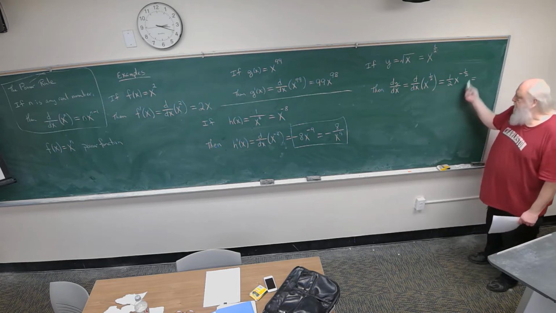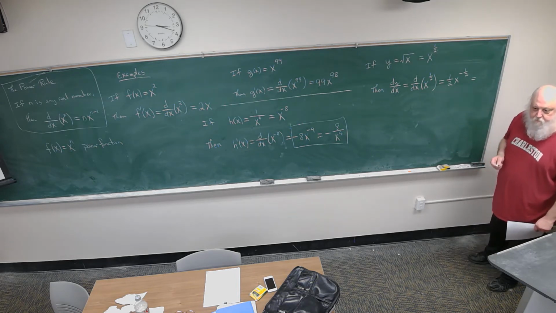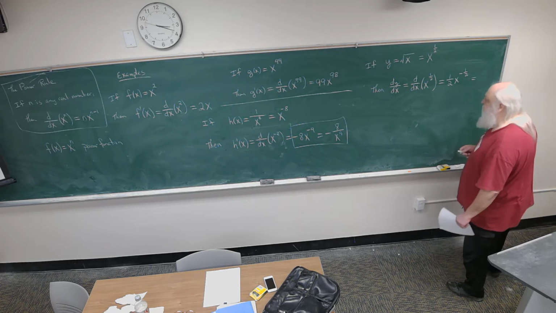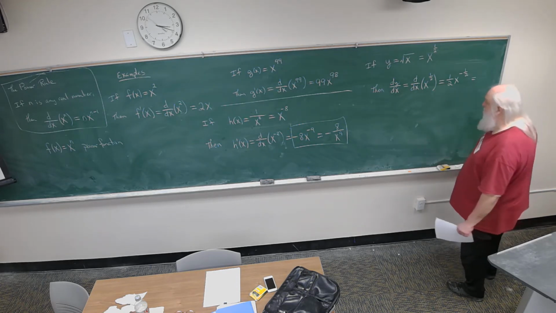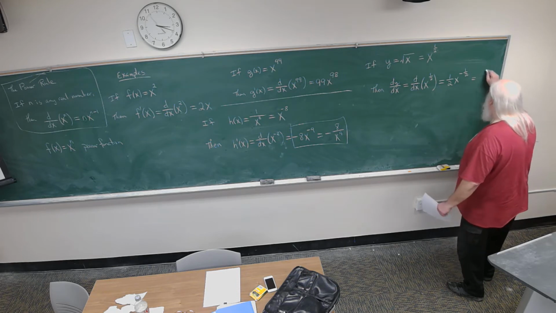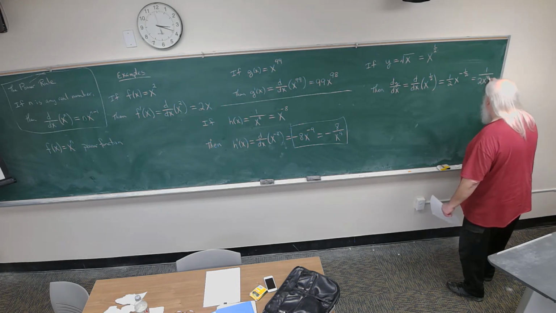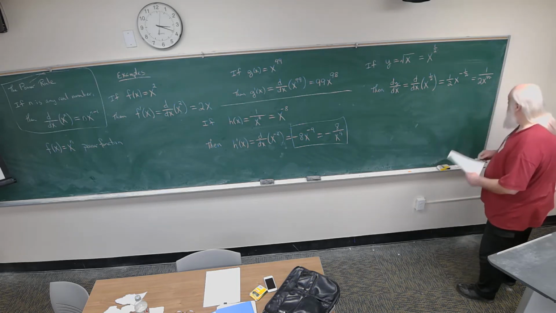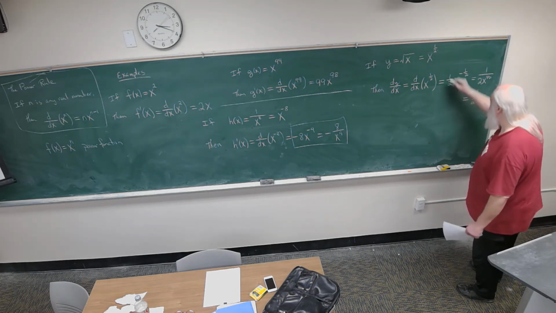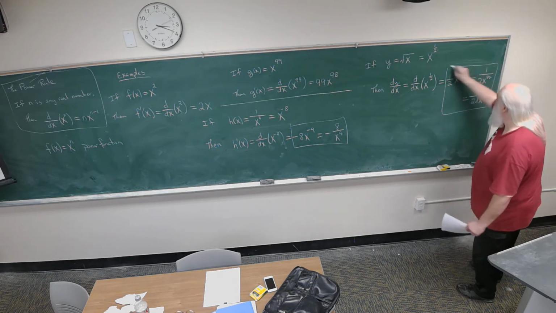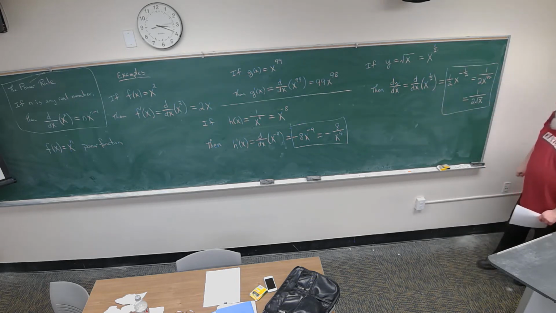And if this was a test question, you could stop right here. But if you were finding the equation of the tangent line at some value of x, you may have to rewrite this as 1 over 2 times x to the 1/2, which is equal to 1 over 2 times the square root of x, because x to the 1/2 equals the square root of x.